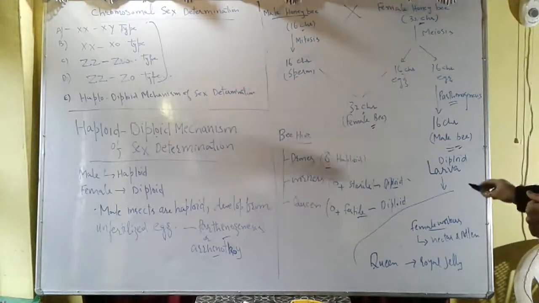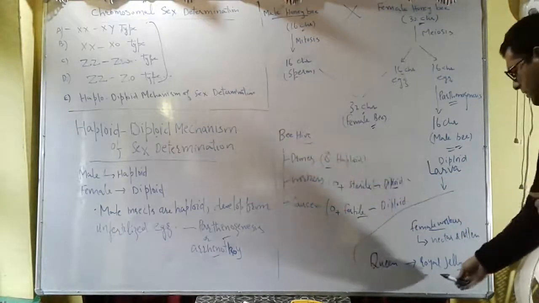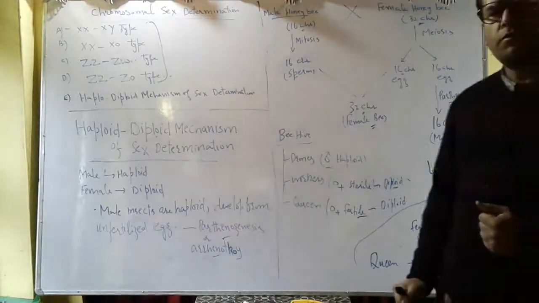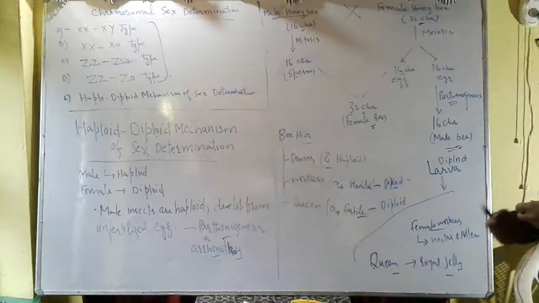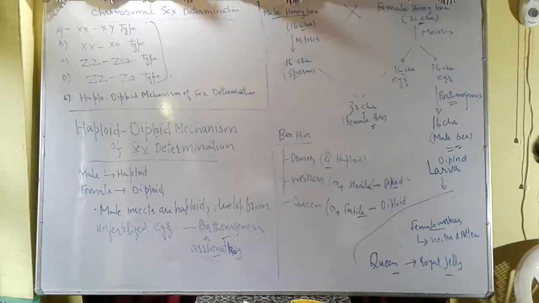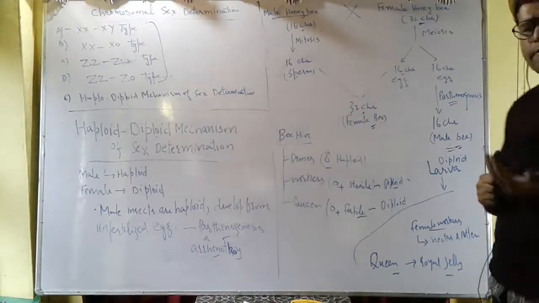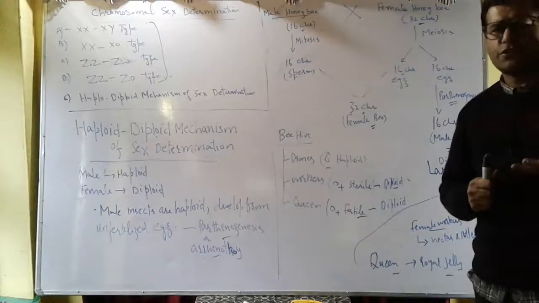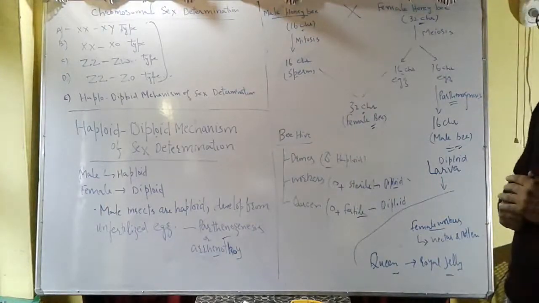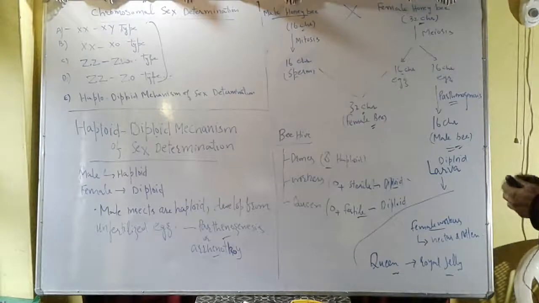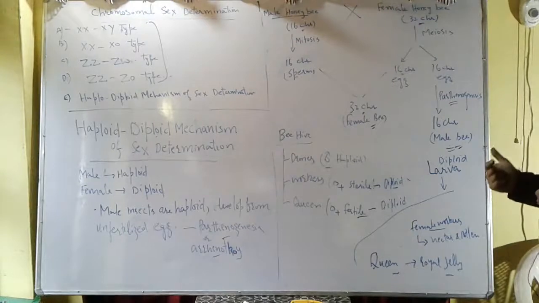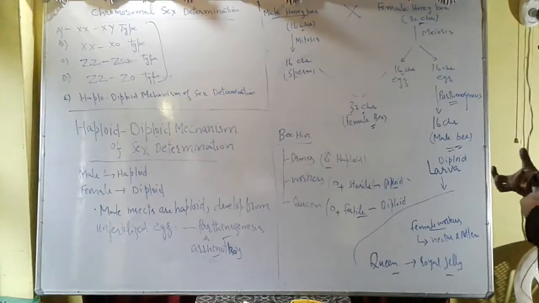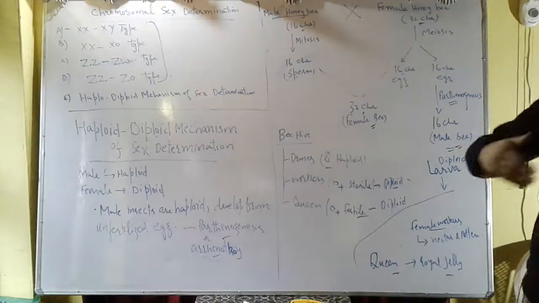And if the diploid larva, that is female, gets royal jelly, which is the secretion from the mouth of the female workers, then that larva will develop into the queen. So the food given to the females makes them fertile or sterile, but it cannot alter the genetically determined sex. Already they are females. If the diploid female larva gets good nutrition, that means royal jelly, it will develop into the queen.